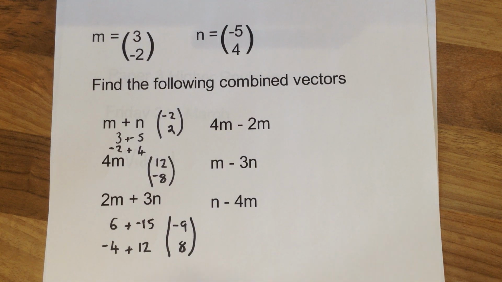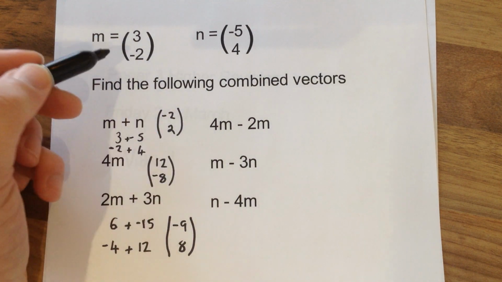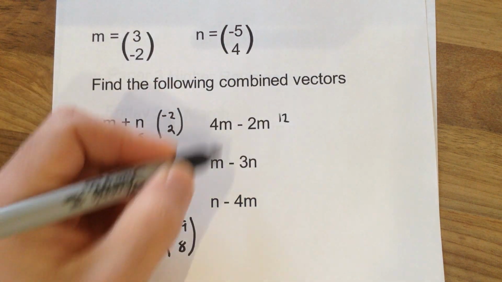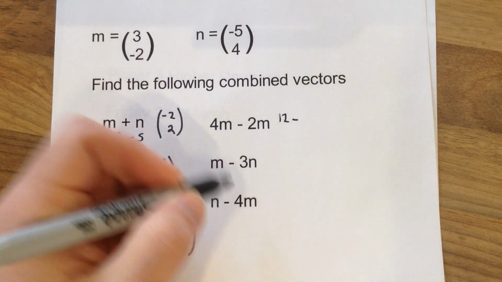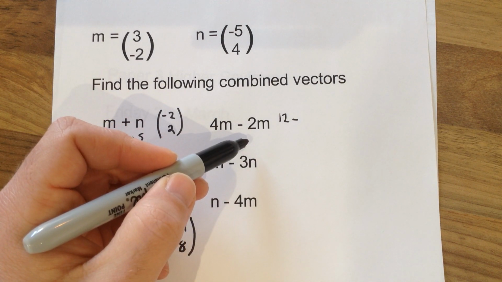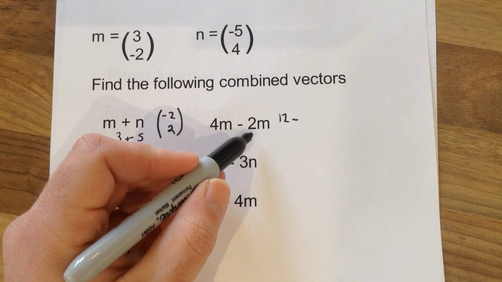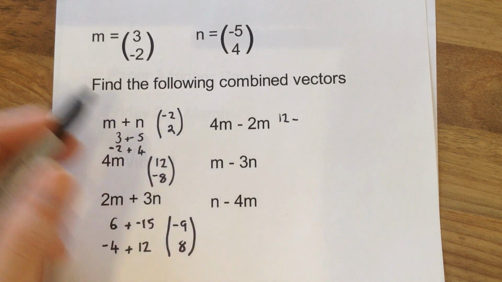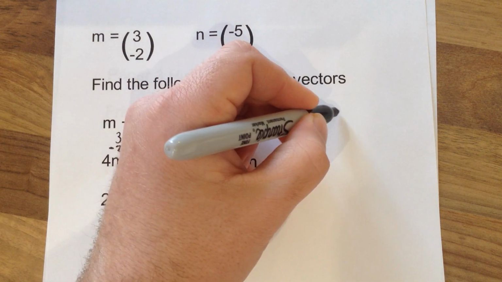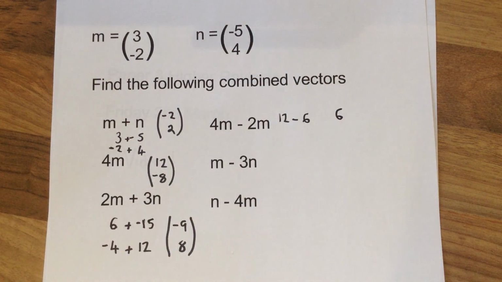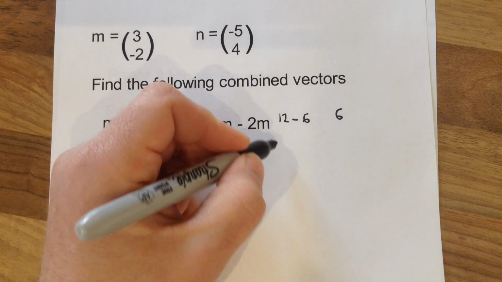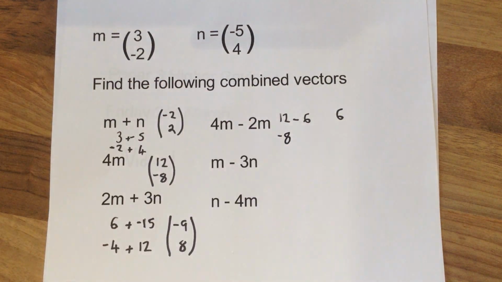Same idea with these ones. 4m, so we do 4 lots of 3, so 12. Minus 2 lots of minus... Sorry, my mistake, I've misread the question. So minus 2 lots of 3, which is 6. So the number on the top would just be 6. 4 lots of minus 2 is minus 8.